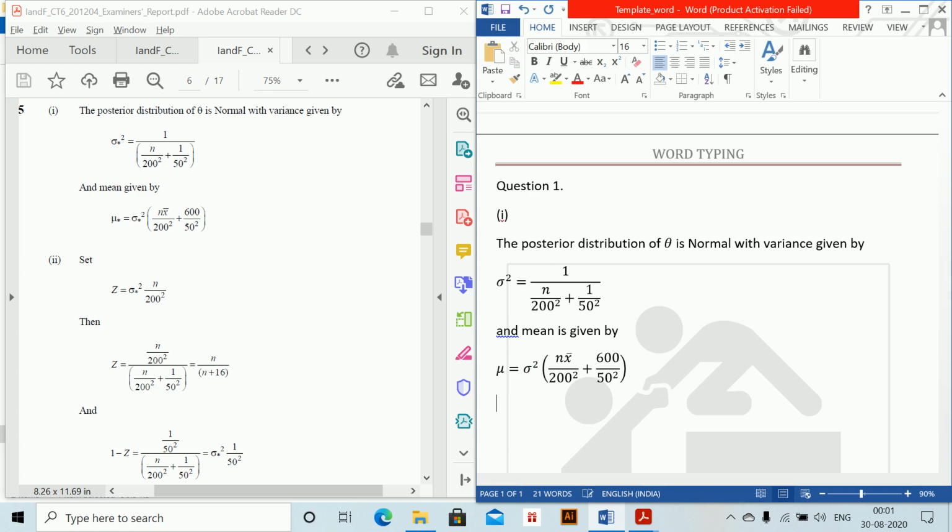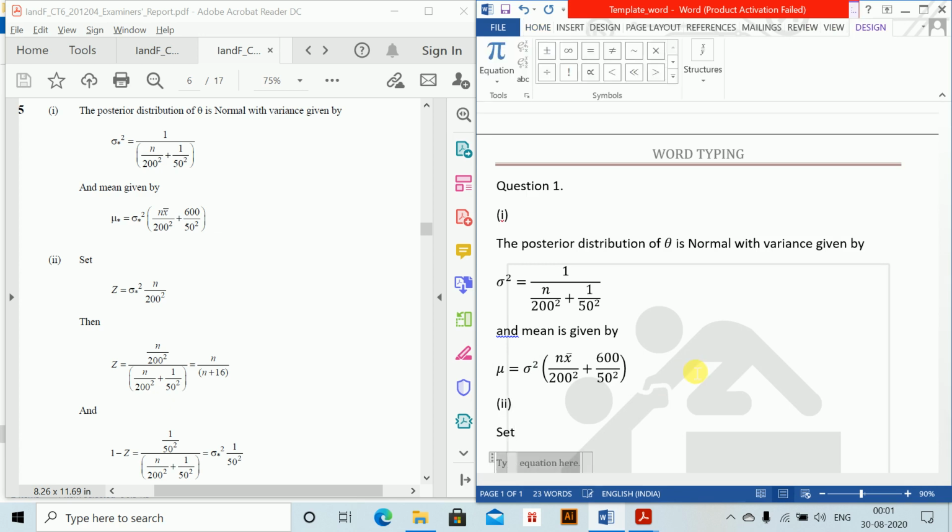Okay, number 2, set z equal to sigma squared into n by 200 squared.